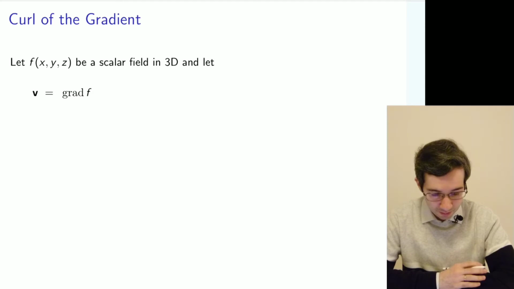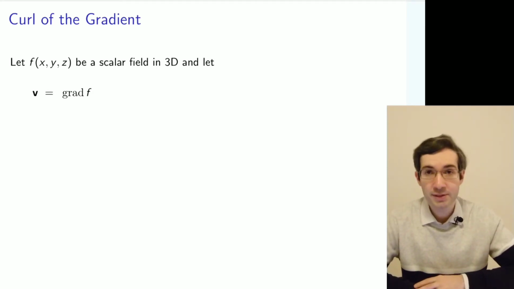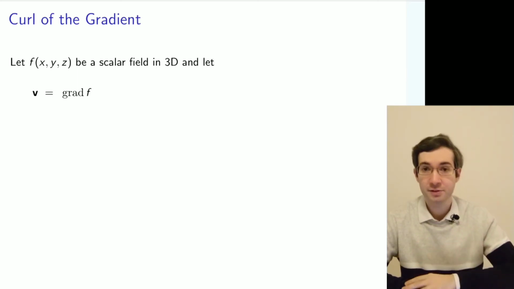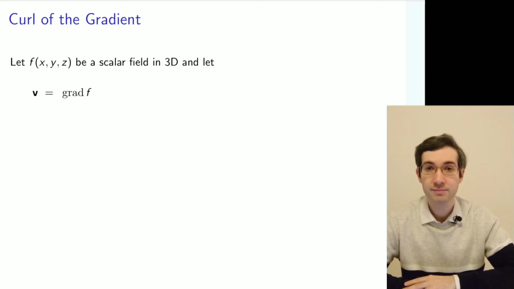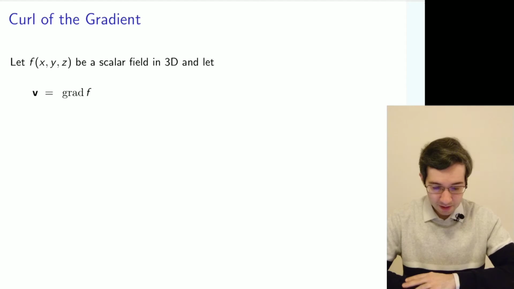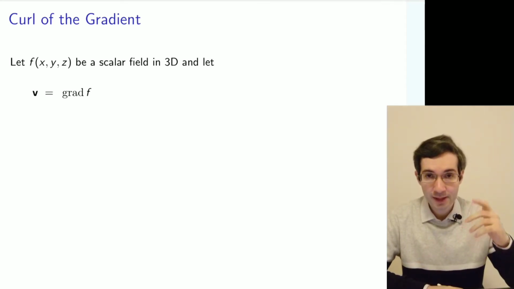Right. What I would like to talk about now is some properties of that operator and also how it relates to other differential operators of vector calculus. Let's think about a curl of the gradient, because you can apply these operators sometimes in combinations, in pairs.